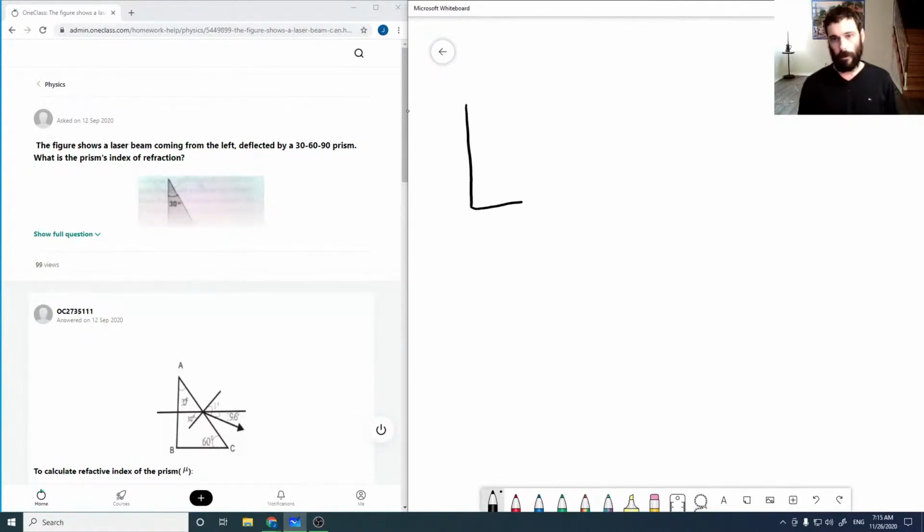So we've got a prism, which we're just going to pretend that all these are straight lines. And it's a 30, 60, so that's 30 degrees, that's 60 degrees, and that's 90.